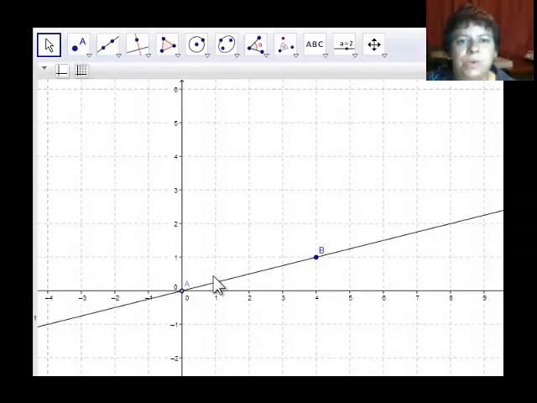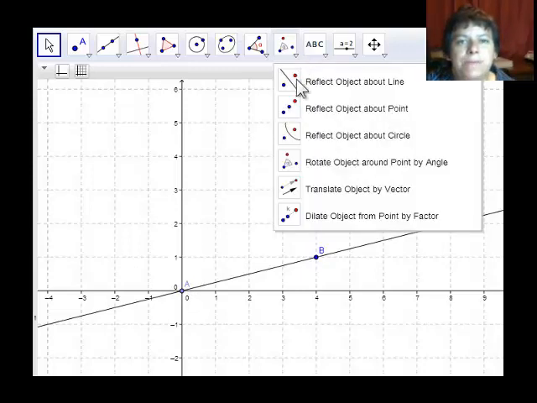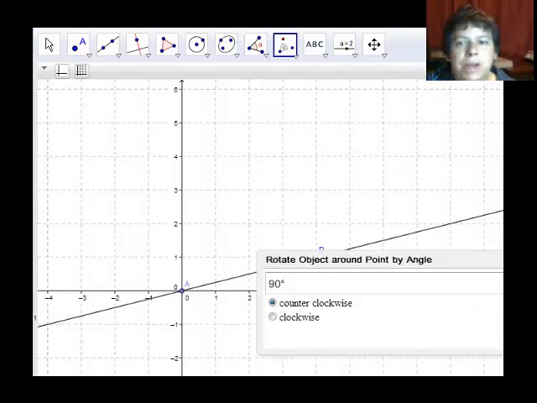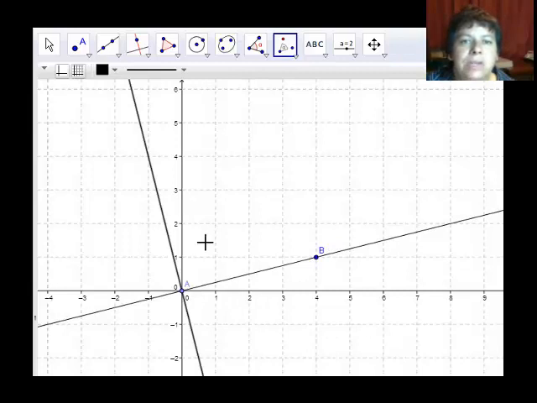Now let's look at rotating a line that's already graphed. I'm going to take a very simple example that goes through the origin. The origin is 0, 0. And see what happens if I rotate it 90 degrees. So I'm going to rotate this line around the origin by 90 degrees. And you can see that it actually makes a right angle.